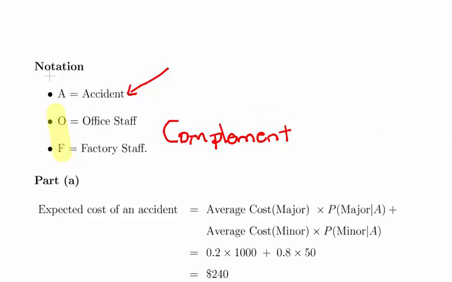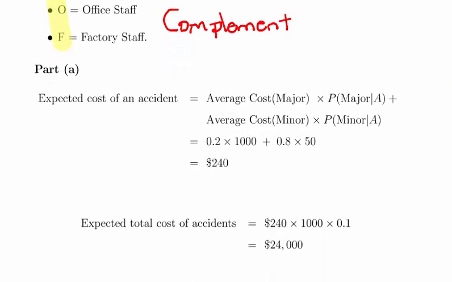Okay, so the expected total cost of an accident. So we have major accidents and minor accidents. Okay, so the average cost of a major accident times the probability of a major given that it was an accident, plus the cost of a minor given that it was an accident times its probability. So essentially we're looking at the cost here.